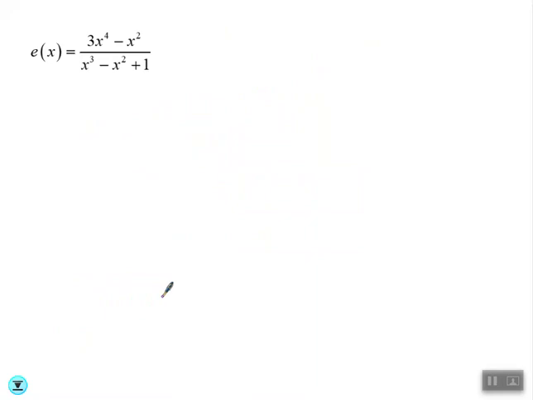Here we have 3x to the fourth minus x squared over x cubed minus x squared plus 1. So our degree for the numerator is 4, the degree for the denominator is 3, so we have a slant asymptote. So let's go ahead and do our division just like the last problem.